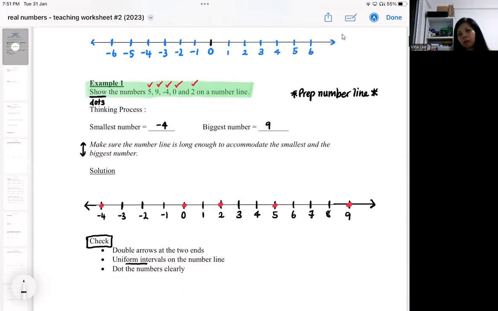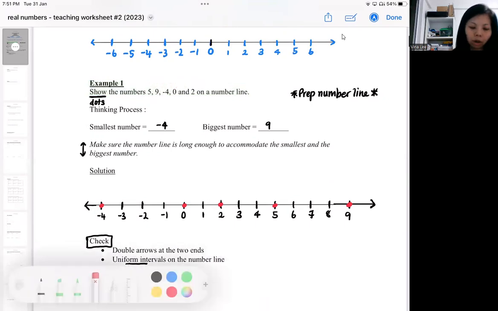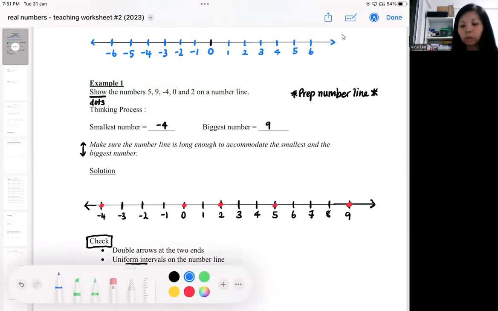So in this case, you realize that in this example, we are getting all whole numbers. Will you be able to dot a fraction or a decimal? Yes. So I'll just be adding in. So if, let's say, I need to dot, okay, I will use blue color.